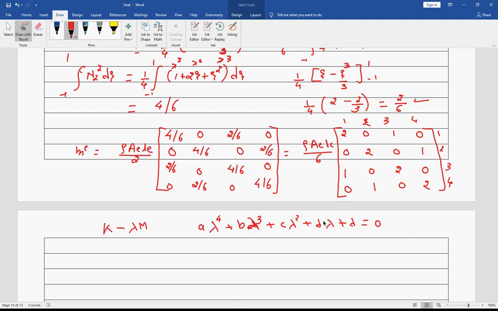And finding the 4 lambda roots is a challenging problem. Therefore a numerical problem is not expected. This kind of derivation or small numerical will be expected, like find out the mass matrix of each element and something like this. Okay, beyond this it's not feasible.